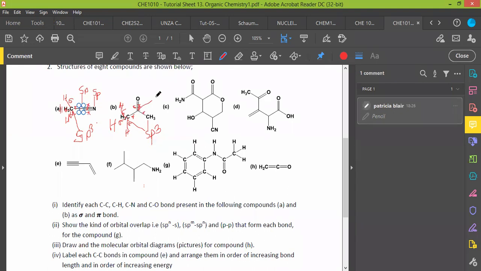So this carbon is therefore sp2 hybridized. The same is going to be true with this particular oxygen there. Because of the side overlap, this is sp2 hybridized.